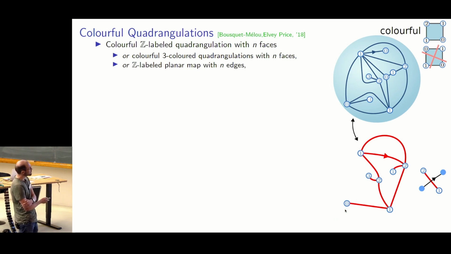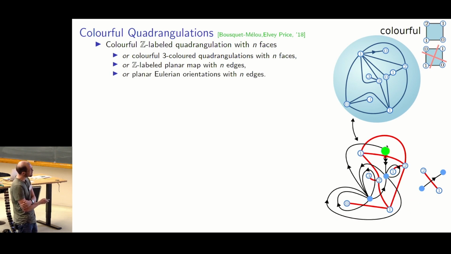Yet another characterization you can get by looking at the dual of this labeled planar map. So I put a vertex in every face. I connect 2 vertices if the faces share an edge. And then I orient the edge in such a way that the lower label sits to the right of that edge.